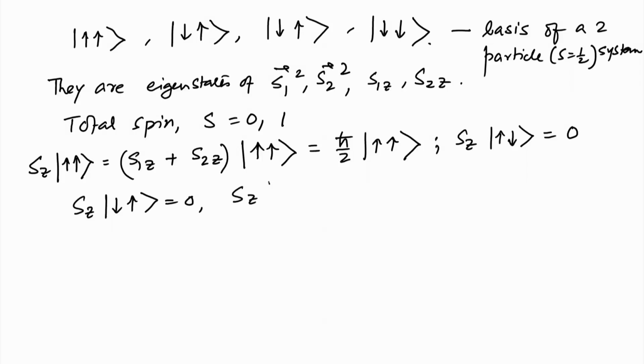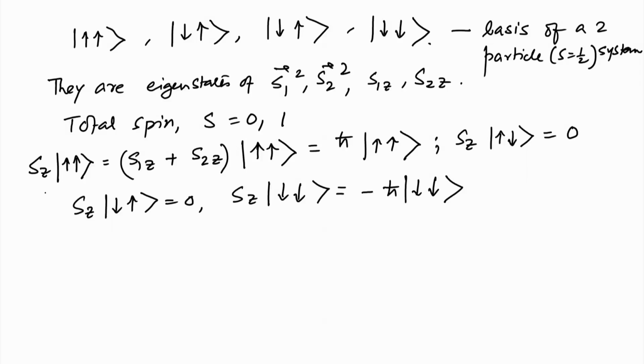Sz acting on the down, down state will give me a minus H cross by 2 for each, so there are 2 H cross by 2s, which make it H cross. So, Sz on down, down will give me a minus H cross. So, these are the eigenvalues of the Sz operator.